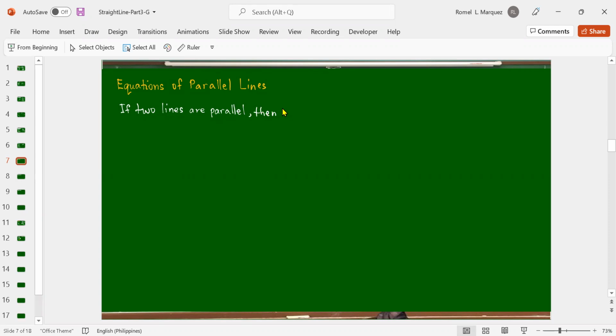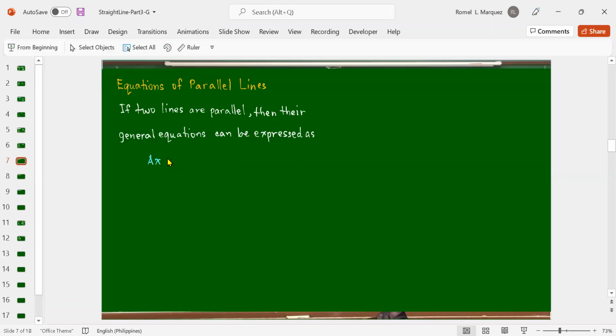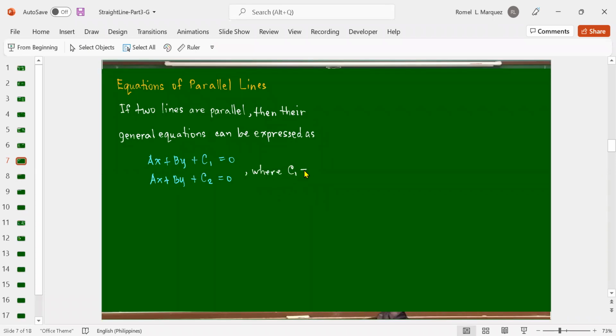then their equations can be expressed, meaning you can write them as ax plus by plus c sub 1 is equal to 0, and ax plus by plus c sub 2 equals 0, where c sub 1 is not equal to c sub 2.